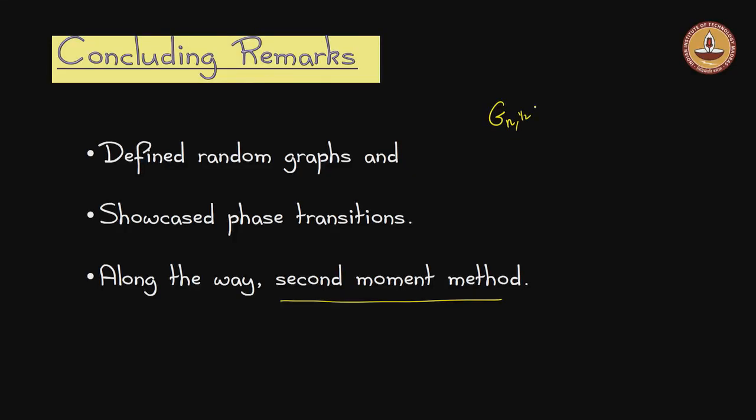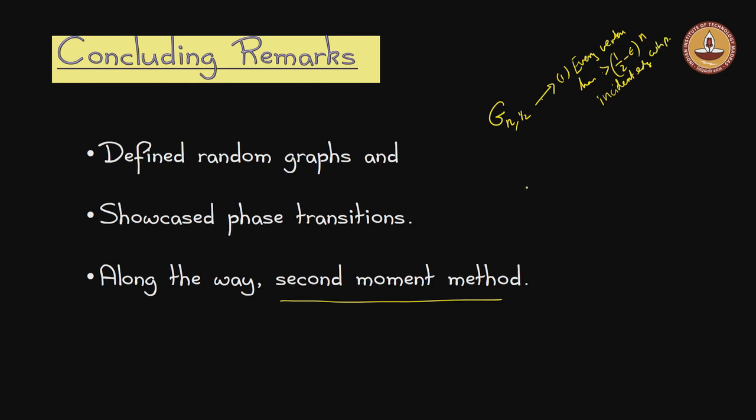Look at this random graph G(n, 1/2). Here I want you to argue two things. One is to argue that every vertex has more than (1/2 minus epsilon) times n incident edges with high probability, of course.